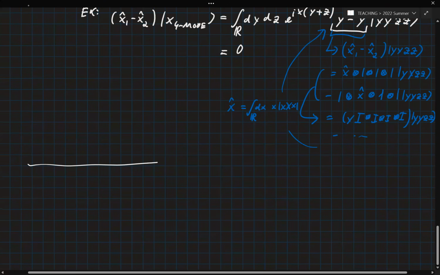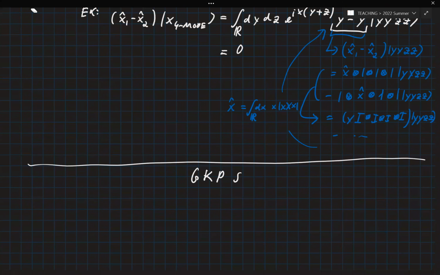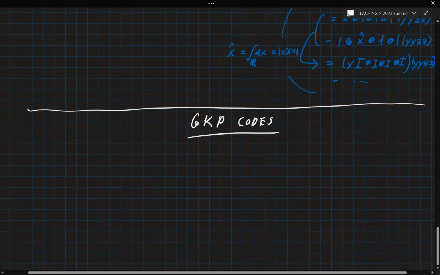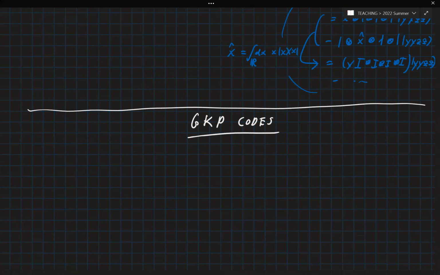All right, so now we'll leave analog stabilizer codes and we'll move on to our second class, the GKP codes. So far, we've been dealing with bosonic codes that encoded k logical modes into n physical modes, namely an infinite dimensional logical space into some tensor product of infinite dimensional physical spaces.